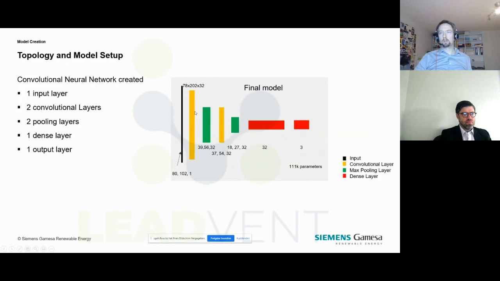So there is a first convolutional layer, then a max pooling layer, and then this architecture is repeated again. Then we are having a flattening layer. And then at the very end, we are having 3 output neurons, which are corresponding to the probabilities of the 3 different classes that we are going to predict.